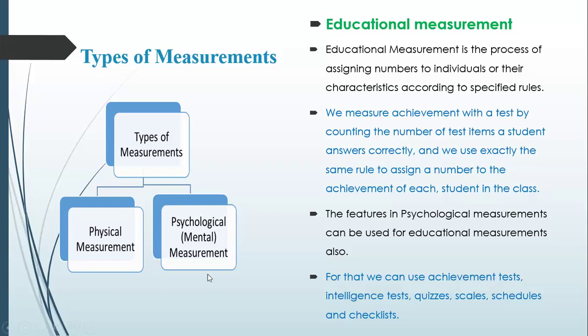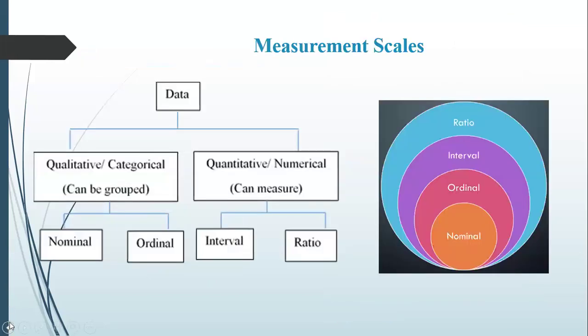As I told you in the example, in the ordinal scale we give positions to the students in the class as first, second, third, but the interval is not equal. That is the difference. Understood?